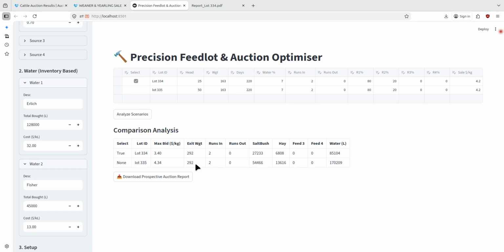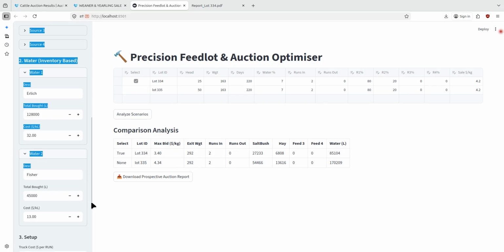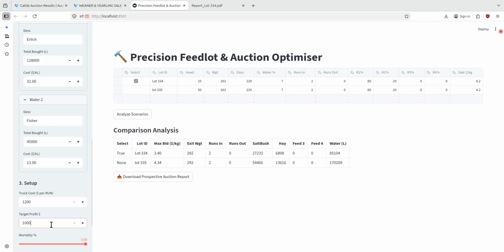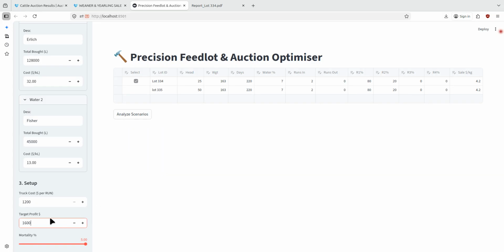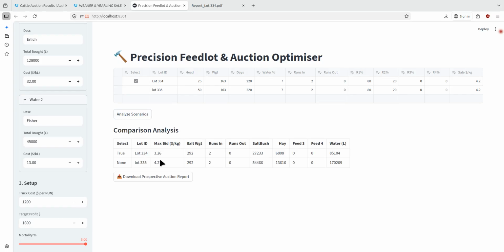Same weights expected to be sold. That's going to give me a better bid price, so I'm going to be able to buy more, but of course I'm taking more risk by capital outlay, but maybe I can get $1,600 out of it to make 2,200 because I've only got the same trucks.